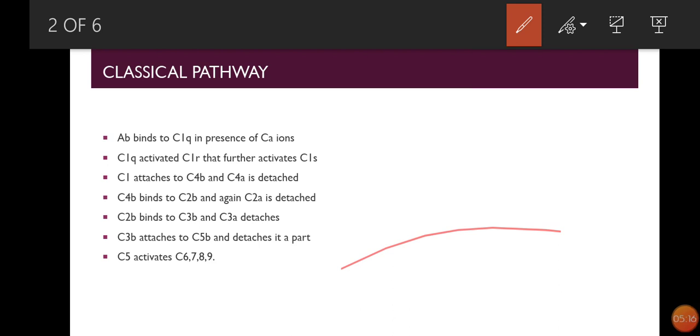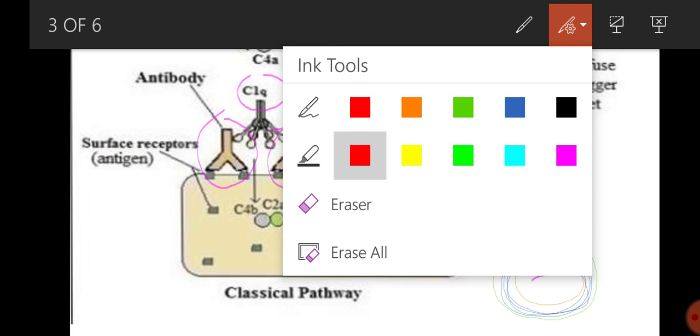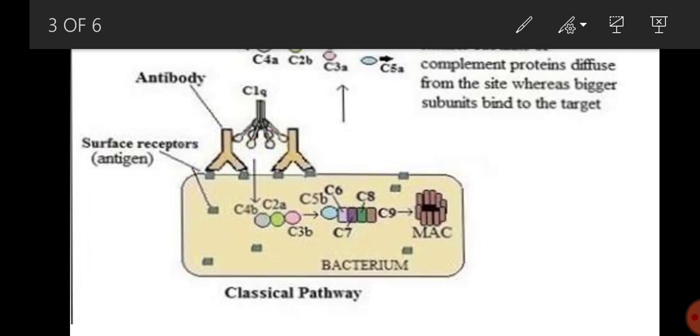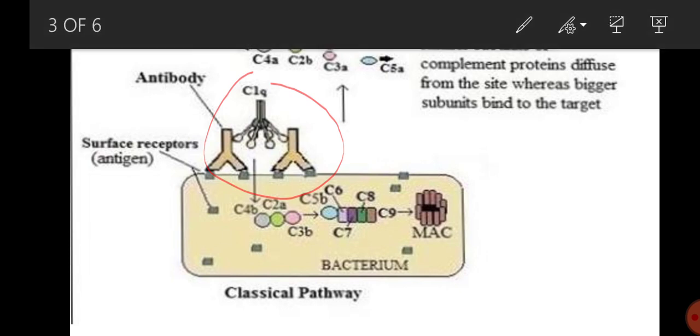In the next slide, you can see that when all the components of C1 have been bound, then comes C4. Okay, you can see here C4, C4a and C4b. Actually, each component has two parts. Let me draw it in this way. This is part 1, this is part 2.